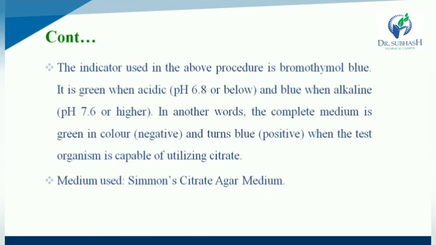In other words, the complete medium is green, which means a negative test, and when the medium converts from green to blue, that means a positive test, which indicates that the test organism is capable of utilizing citrate.